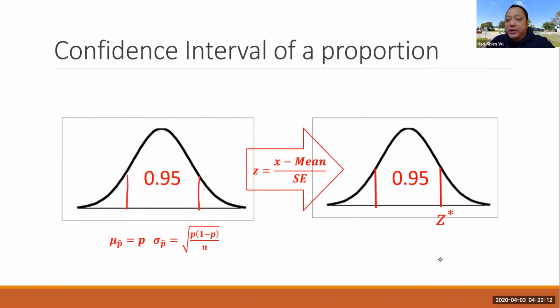And when we standardize using the z-score formula, x minus the mean, which is p, divided by standard error, which is a formula involving p, or rather p hat if we substitute p hat in it, then we get the z distribution, standard normal z distribution with a mean of 0, and the critical value z star at the end of the 95% area.